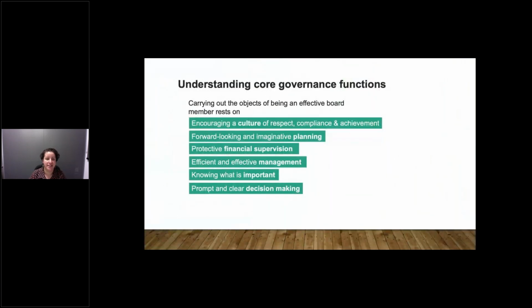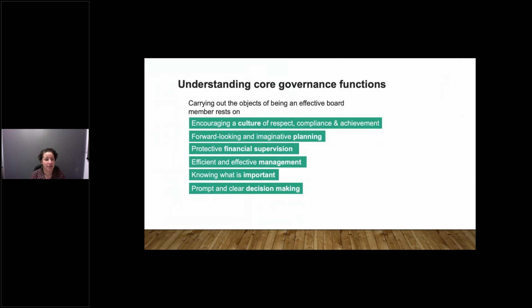So your core governance functions, what exactly are they? As part of your important governance role, you'll be overseeing and making decisions about planning, about the finances, about the strategic management of the organisation, as well as creating a positive culture around respect and achievement that responds to the changing needs of your community and your organisation.